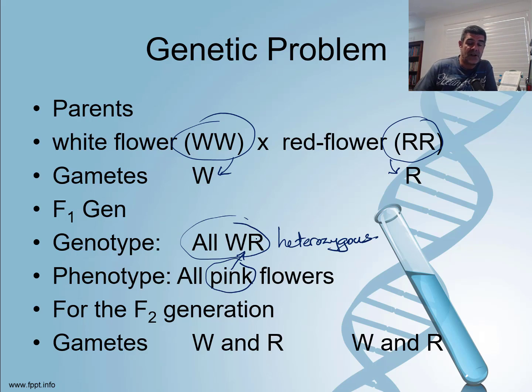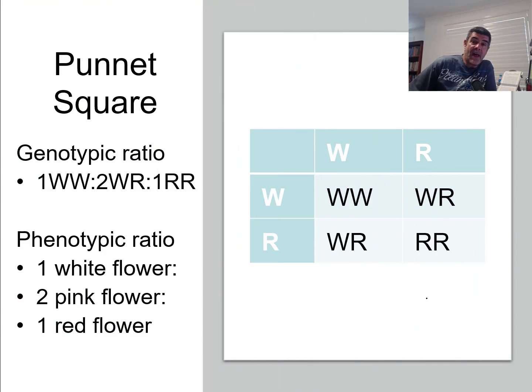When we do the F2 generation, because we've got a genotype which is heterozygous, either of these two alleles could go into the gametes for both the male and the female, and we need to take account of all possible combinations. And so we have our Punnett square again, which is a 2 by 2.